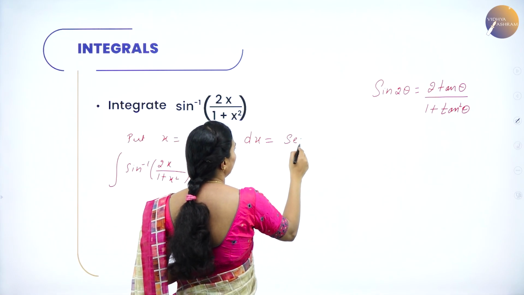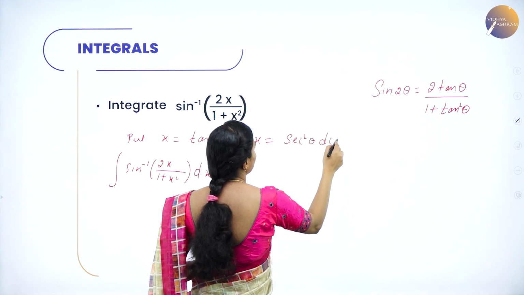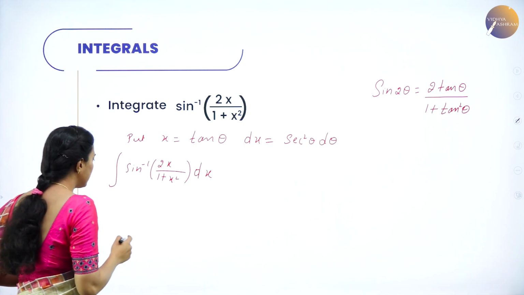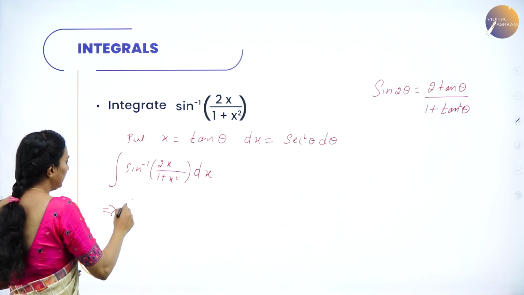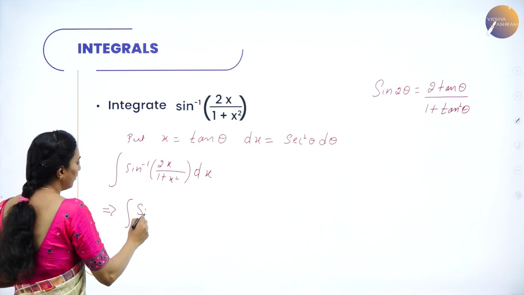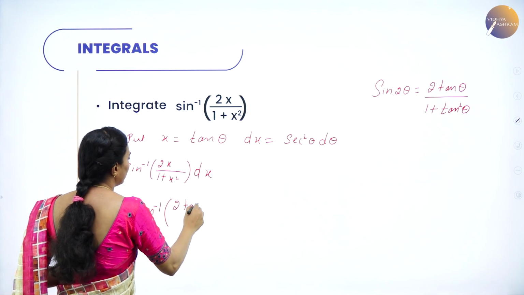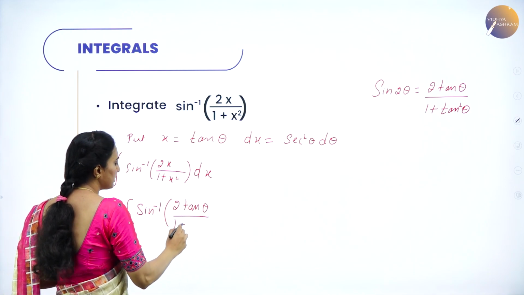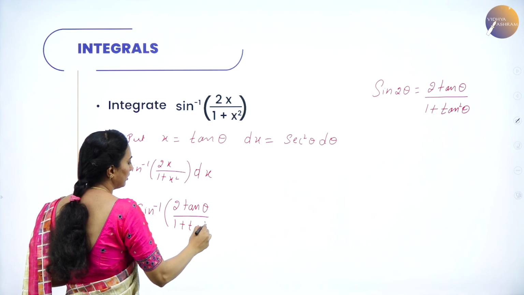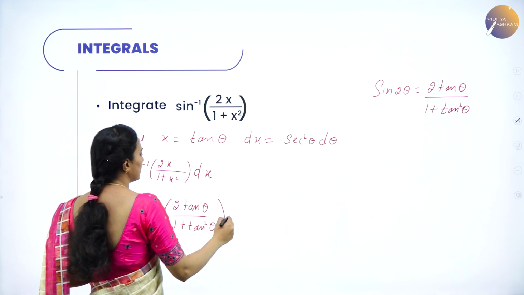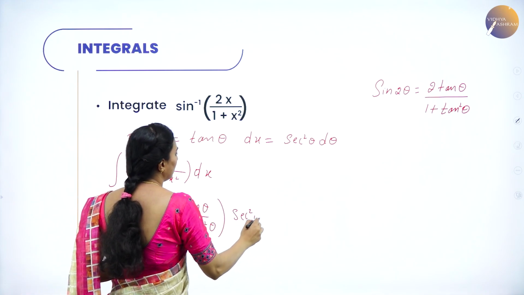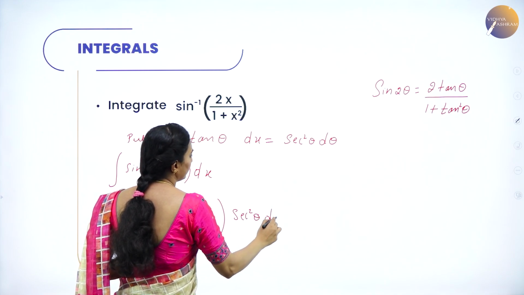Secant squared theta into d theta, right? So, substituting which happens, which implies that integral of sine inverse of 2 tan theta divided by 1 plus tan squared theta into dx is nothing but secant squared theta into d theta.